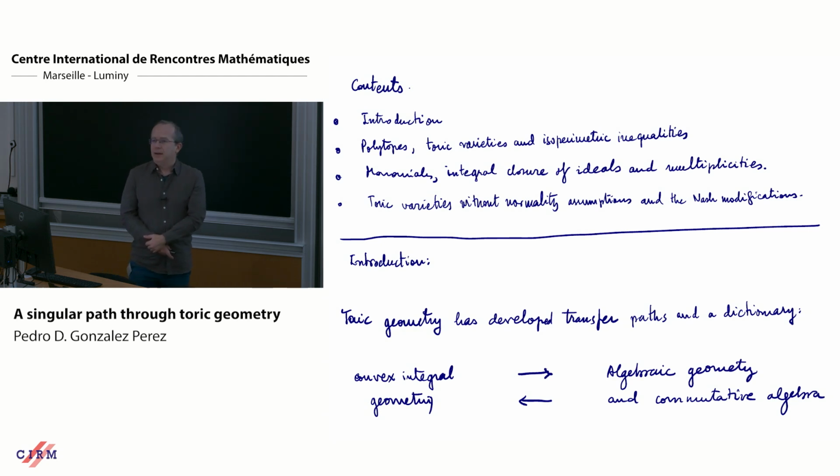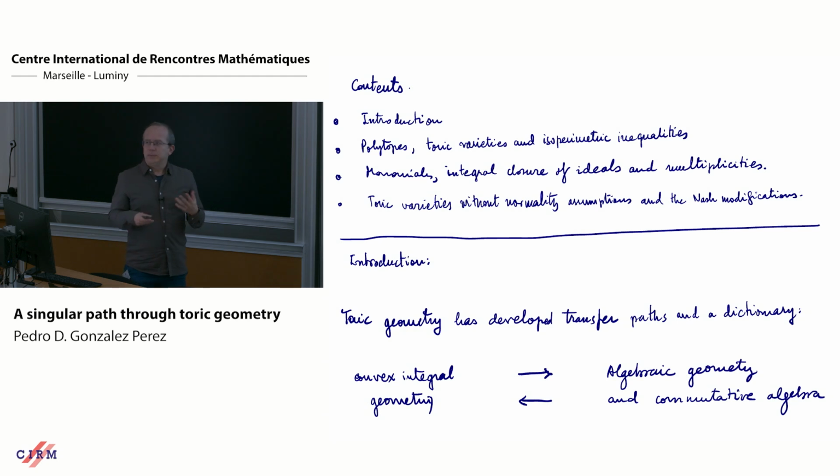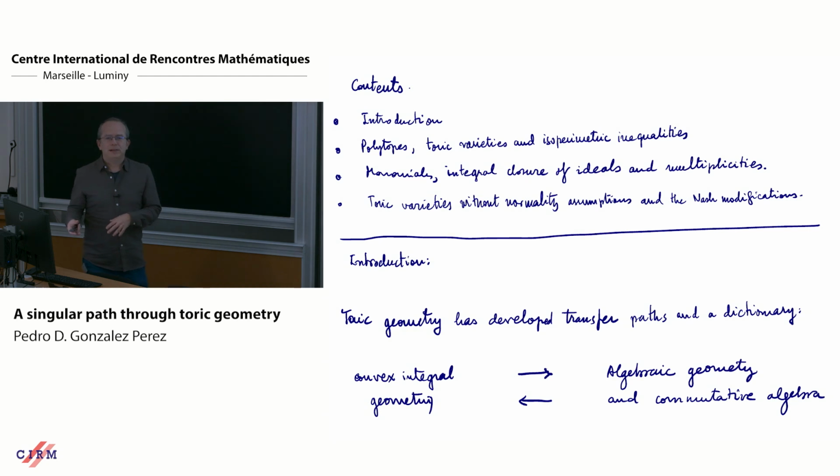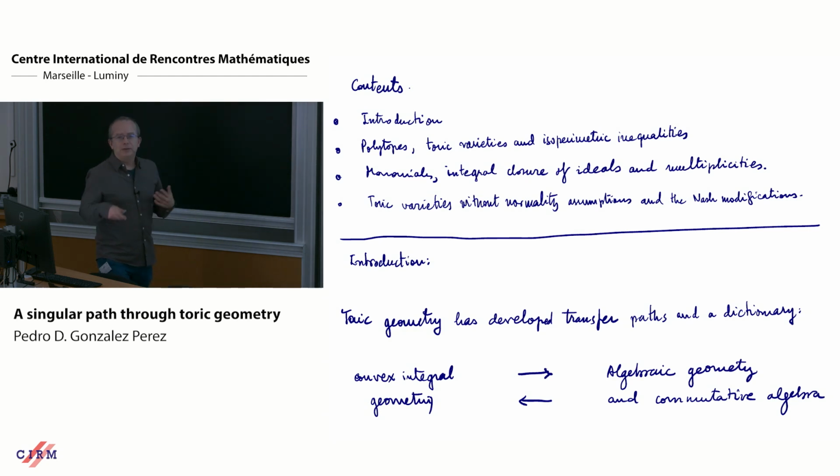And I must say that Bernard has given many instances of this transfer in both directions, showing how results from combinatorics lead to results in commutative algebra or algebraic geometry, and vice versa, using algebraic geometry results to obtain results in combinatorics.